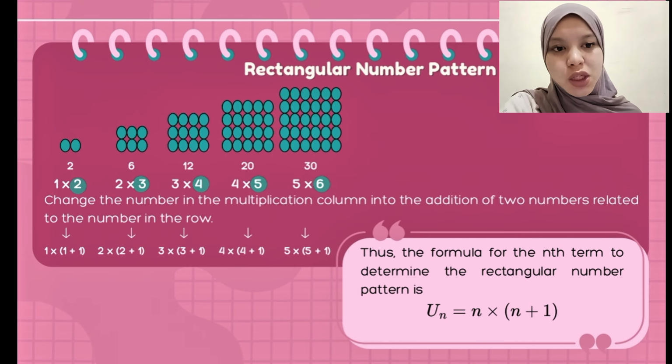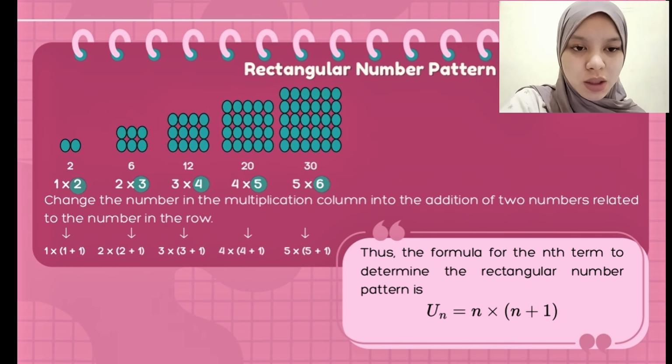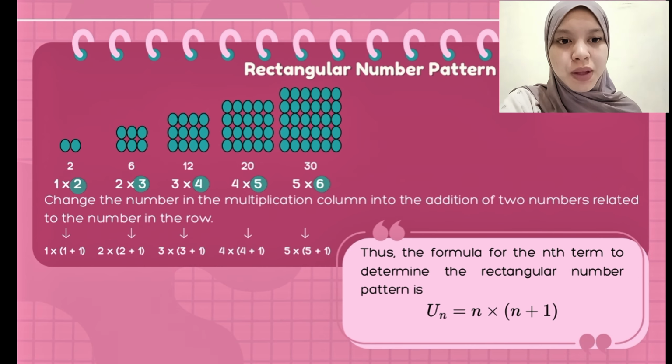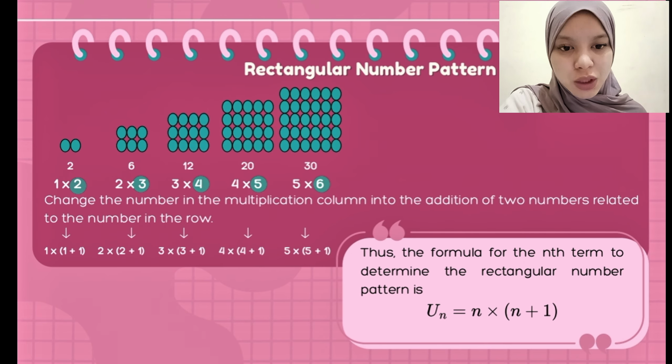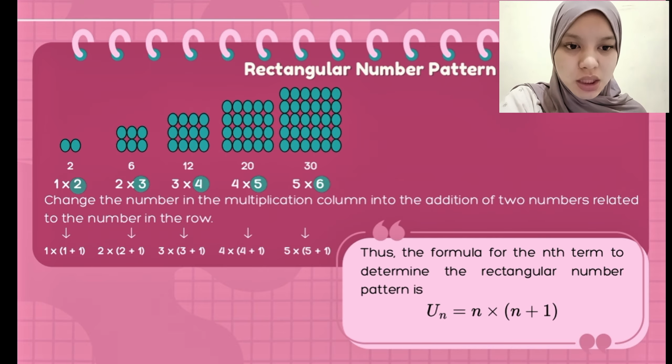The first term is written as 1 times 2 equals 2. The second term is written as 2 times 3 equals 6. The third term is written as 3 times 4 equals 12. The fourth term is written as 4 times 5 equals 20. And the fifth term is written as 5 times 6 equals 30.